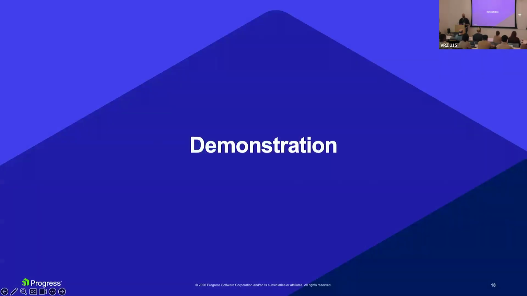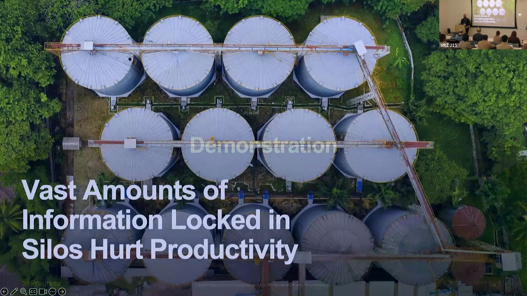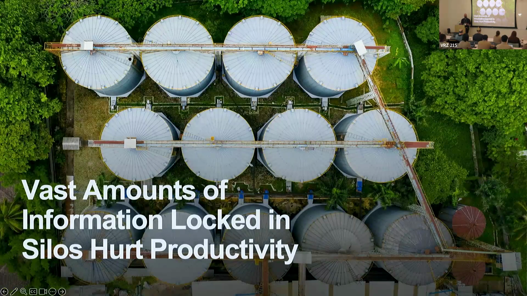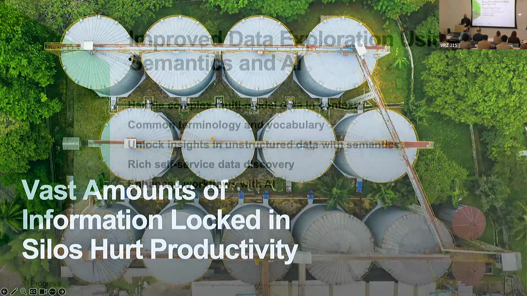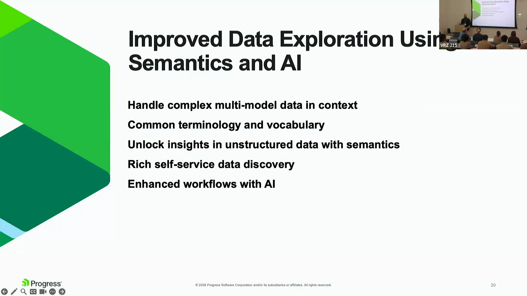Which leads us into the demonstration. So how do we look at an end user application that somebody can interact with to look at these vast amounts of information that are siloed, right? We're going to look in this demo at a few areas, specifically through that workflow that we were talking about before. And we're going to look at multi-model data in context.